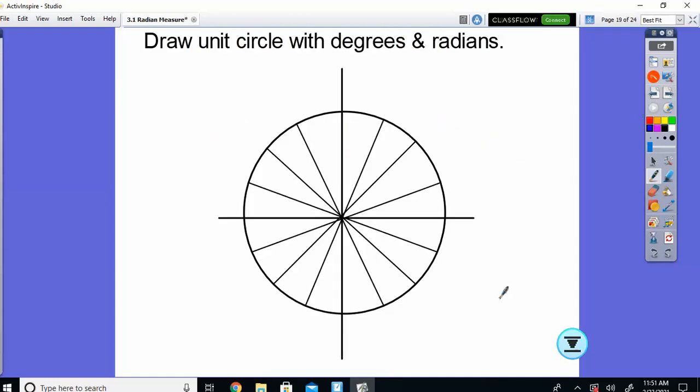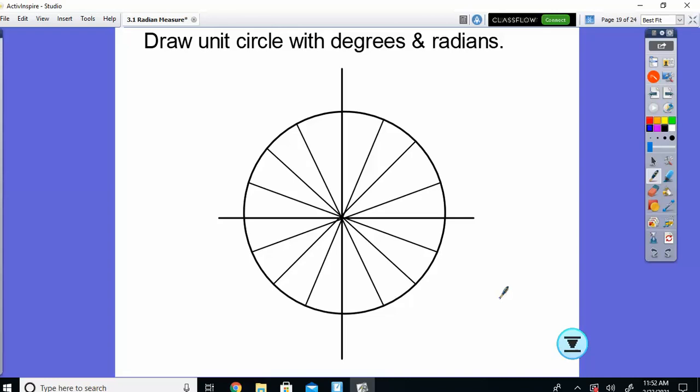I want to talk about the circle now. Okay, this is what is called a unit circle. This is a circle that basically sits on the XY axis. So the horizontal and vertical line, that's like an XY axis. It's like a radius of 1.